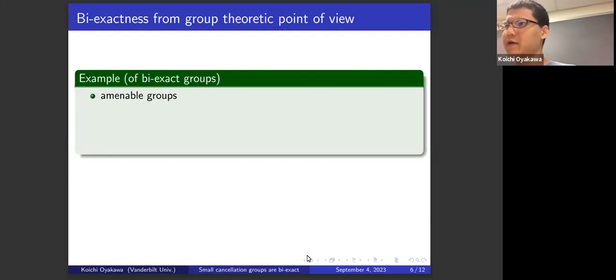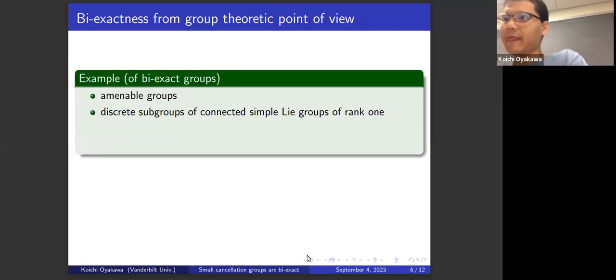So first of all, amenable groups are bi-exact. And this is kind of trivial modulo some equivalent conditions or some equivalent definitions of bi-exactness. One equivalent definition of bi-exactness is that the group admits a topologically amenable action on a very nice compact space. And because any action of an amenable group on a compact space is topologically amenable, by using that definition, we can see amenable groups are bi-exact.